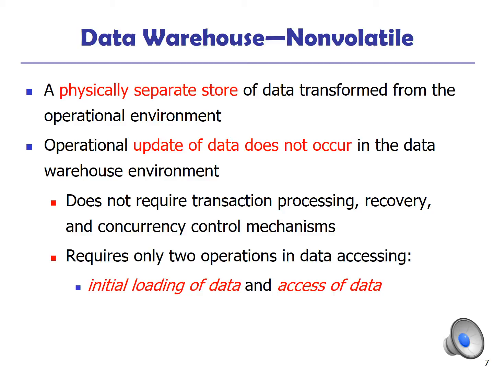If it's transaction processing data, you have to worry that if somebody has bought an item, someone else should not be able to buy the same item again, right? So you have to do some kind of concurrency control mechanism, some kind of transaction processing, all right?